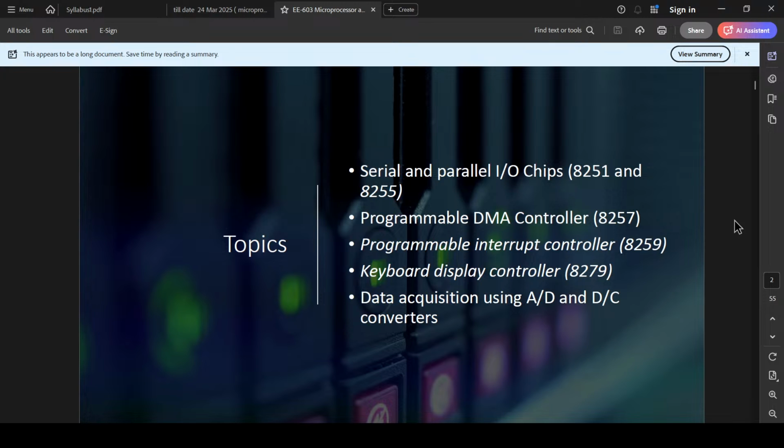Programmable DMA controller is 8257. Programmable interrupt controller is 8259. Keyboard controller 8279. Data acquisition using these things.